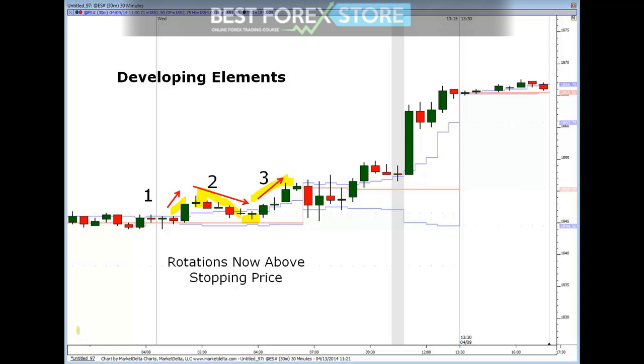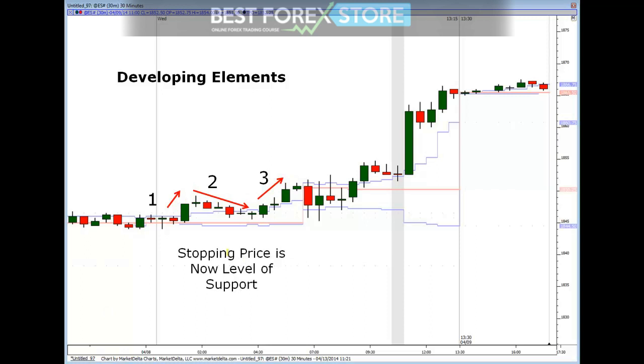And not only that, it begins to also tell me that the stopping price is now a clear level of support. How is that? Well, take a look. First, it began here. Every time we went below it, popped right back up, closed above it, closed above it. Now, we began to move higher, but we came back in for another test.